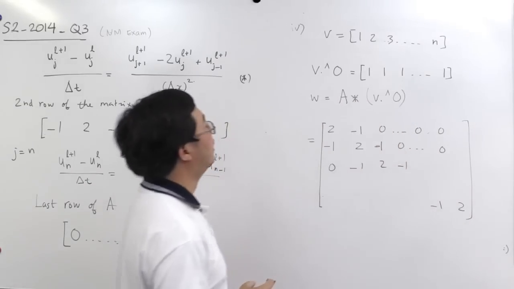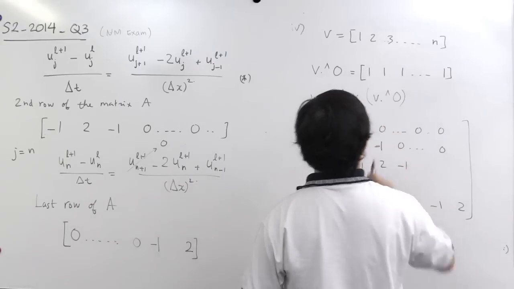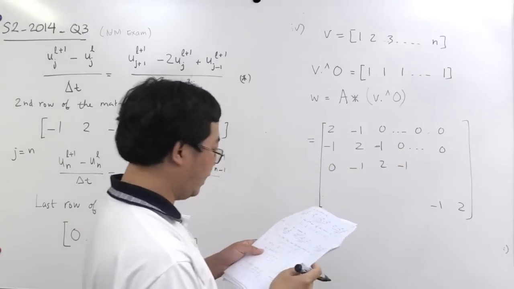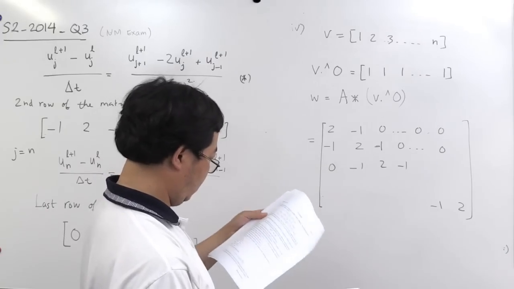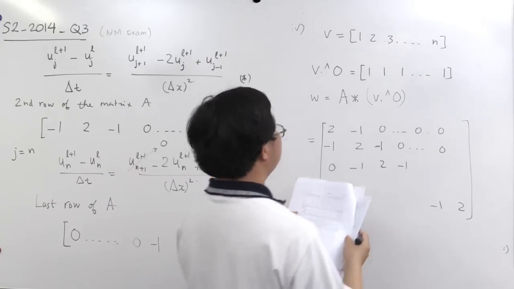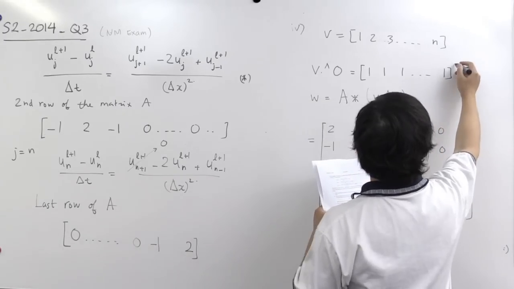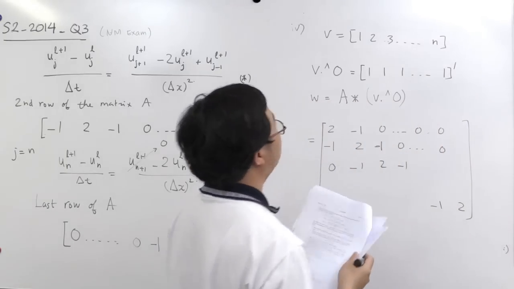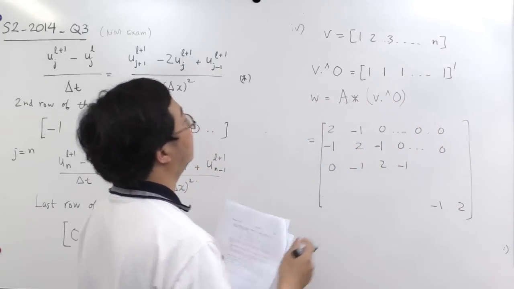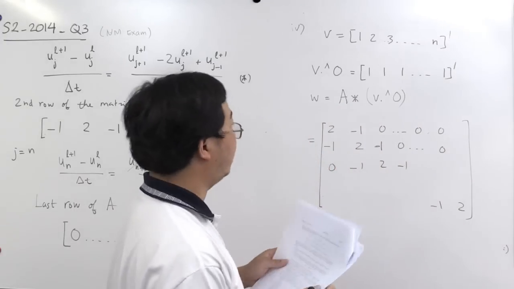And then now you multiply with this vector. Actually this vector should be a column vector because there's a transpose in the very end, a prime in the very end.